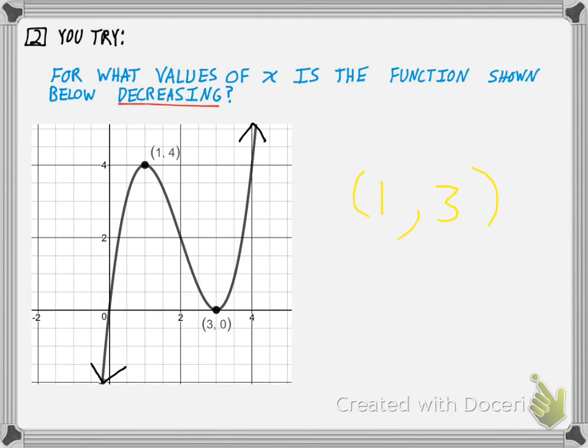By the way, if you were thinking of 1 is less than x, which is less than 3, that is also a different way of representing the answer that is also correct. This first one is called interval notation, the second one is just using inequalities.